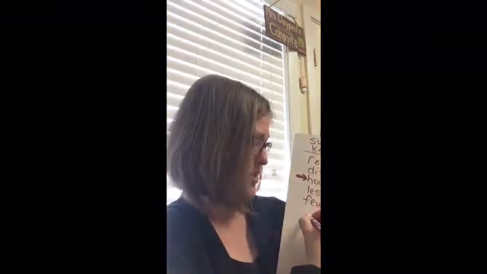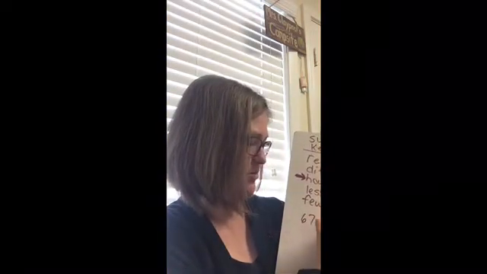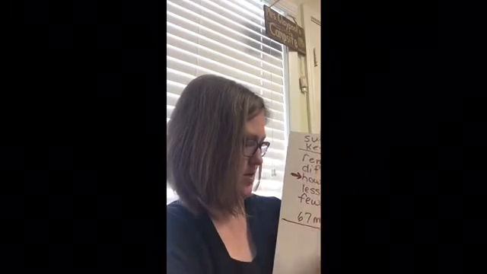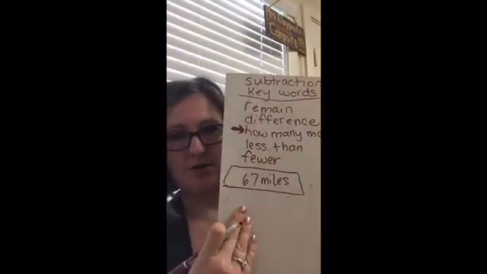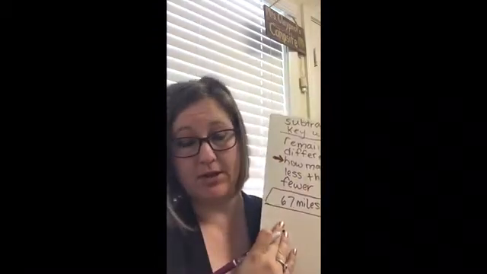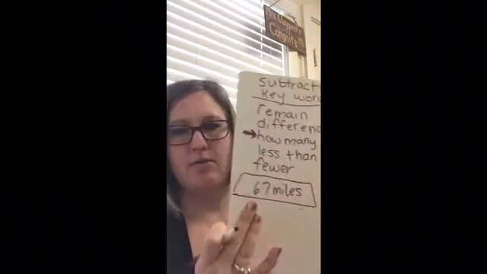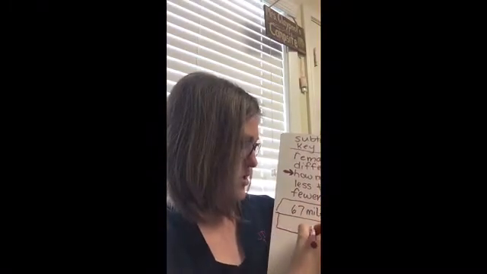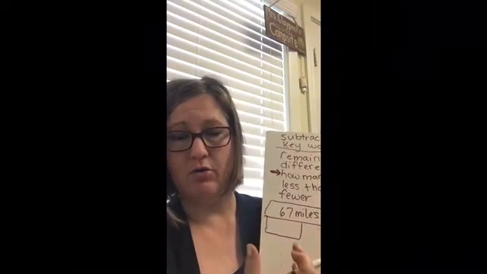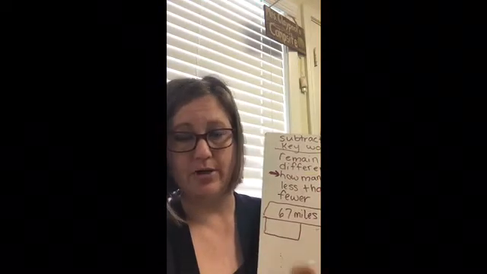Car A drove 67 miles. That's a length, miles. The one way that they've been showing this in our lessons, and they have at least in the past on SAR tests as well, is 67 miles, and car B drove 42 miles.